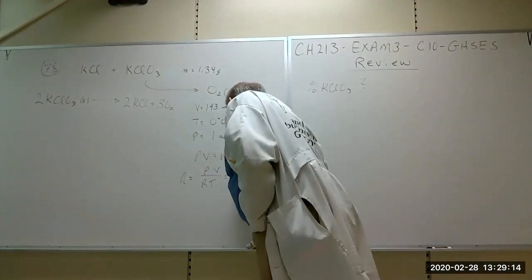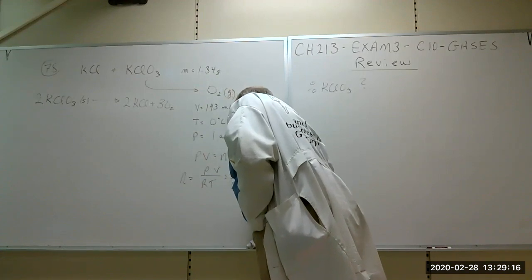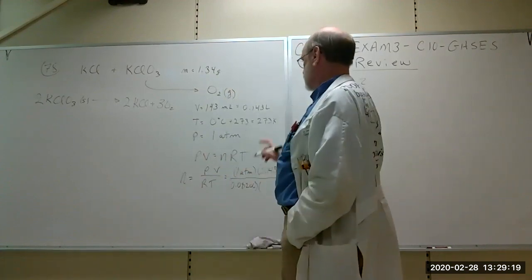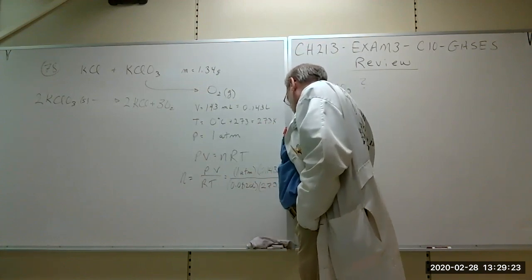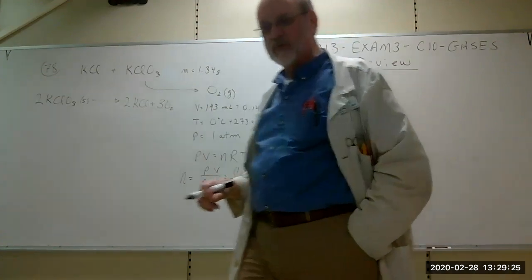R value, 0.08206. Temperature, 273. Okay. So let's see how many moles of oxygen we had.